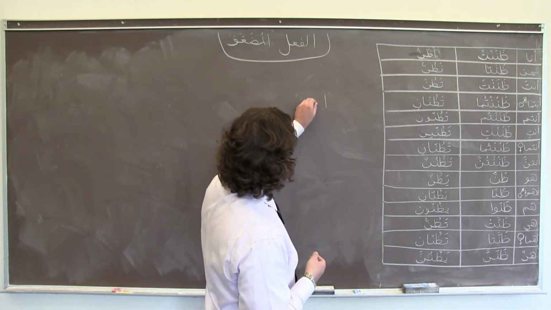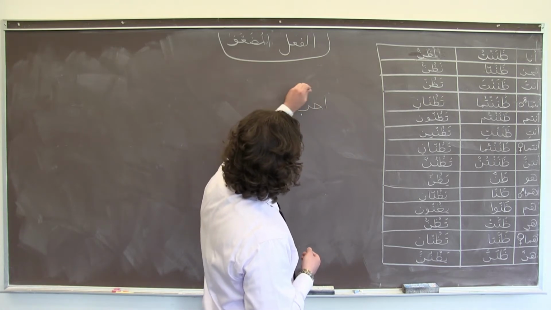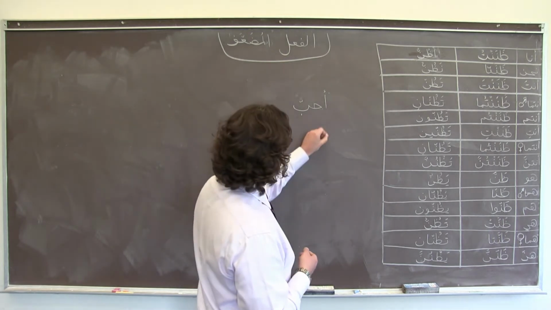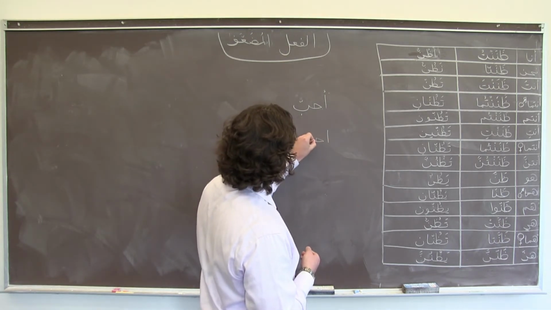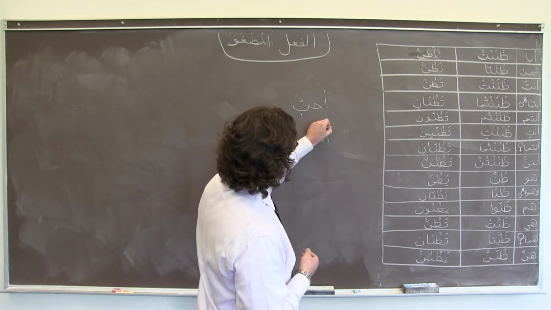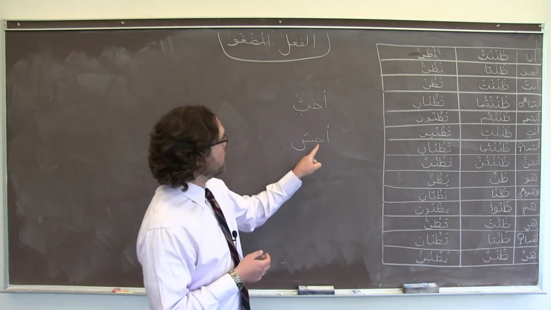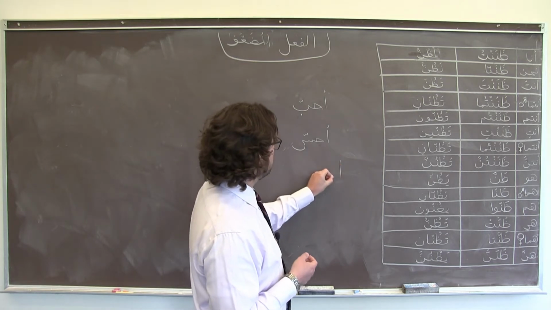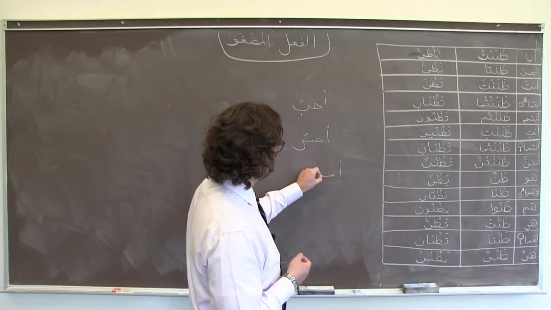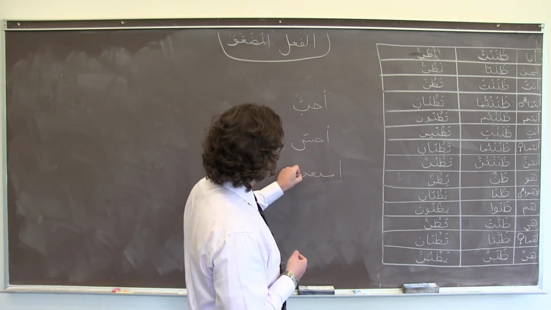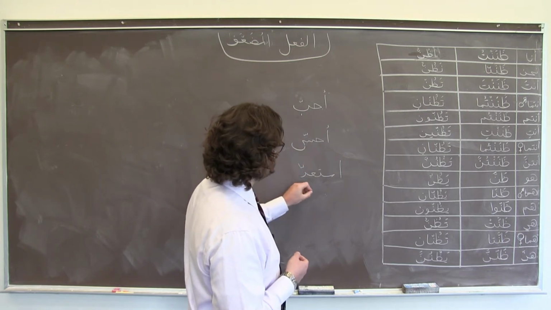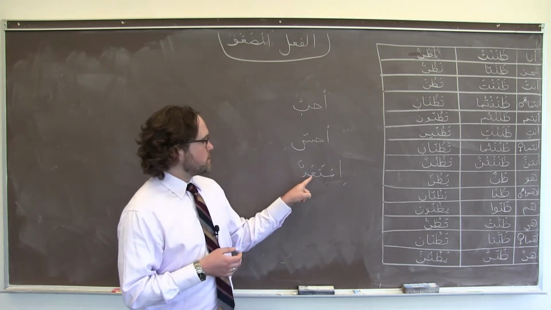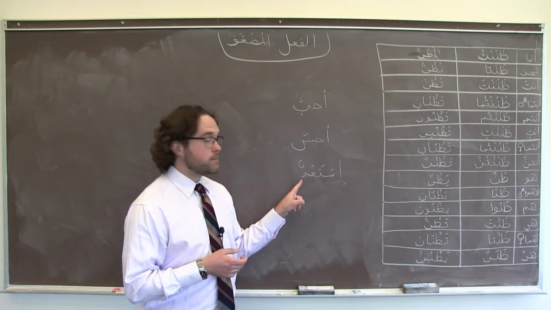The verb for like or love, أحب, has two bas at the end of its root, or the verb حس, meaning to feel, has ha, sin, sin as its root, or the verb for getting yourself ready, استعد, has ain and two dals as its root.